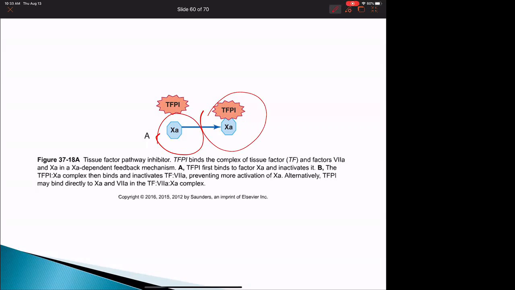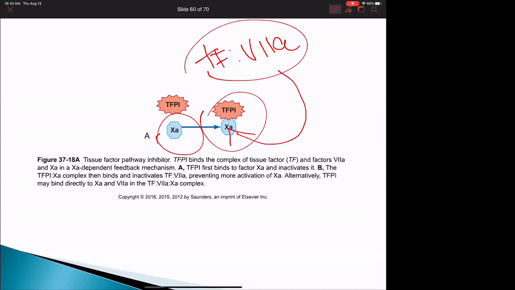So remember, tissue factor and the activated factor 7 complex, remember this complex? This tends to immediately activate factor 10, but this cannot happen when tissue factor pathway inhibitor is bound to factor 10. This is why this is called a regulatory protein.